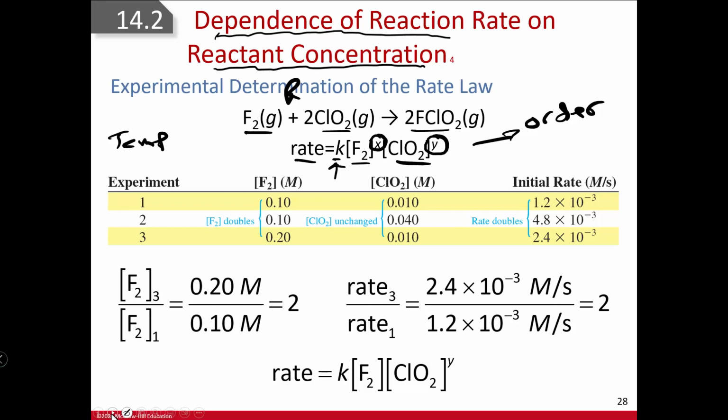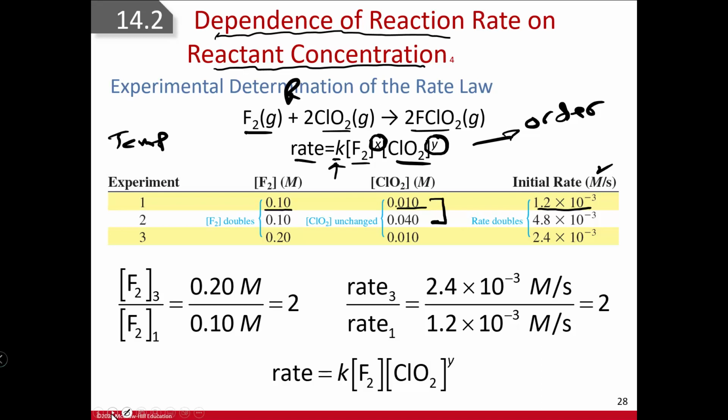So we have a concentration of fluorine at 0.10 molar. We have chlorine dioxide at 0.010 molar. And the initial rate of the reaction is 1.2 times 10 to the negative 3 molar per second. All right, so then we quadruple the concentration of the chlorine dioxide.